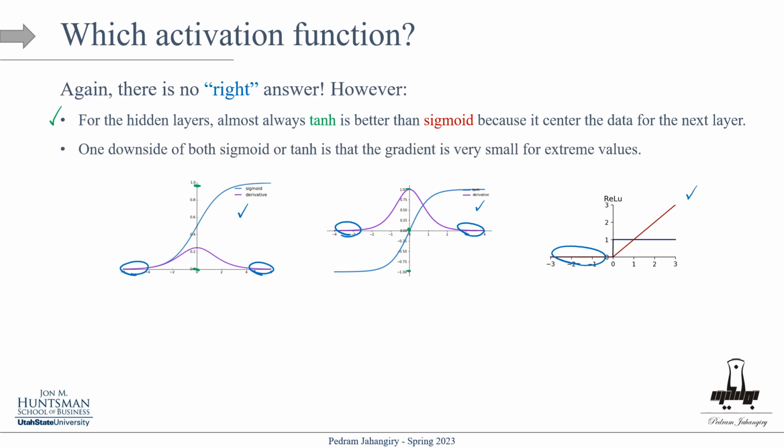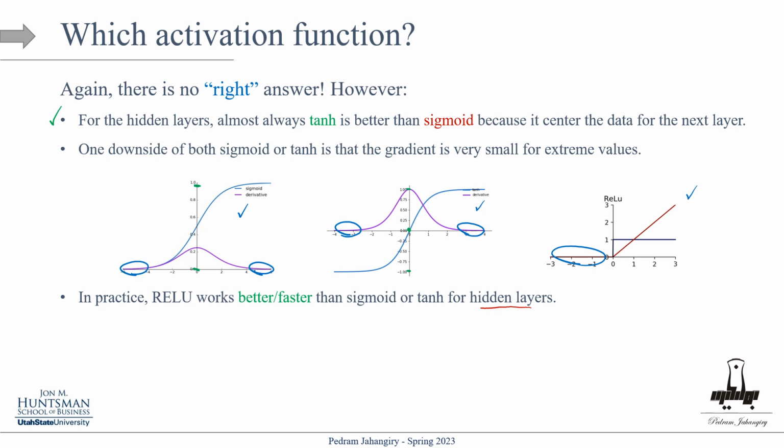Another one is that, again, the downside of both sigmoid and tanh is that the gradient is very small for extreme values. And as we talked about, when the weights are being updated, these observations are not going to be paid attention to as much as they need. So that's another thing. In practice, relu works best or better compared to sigmoid or tanh for hidden layers, right?